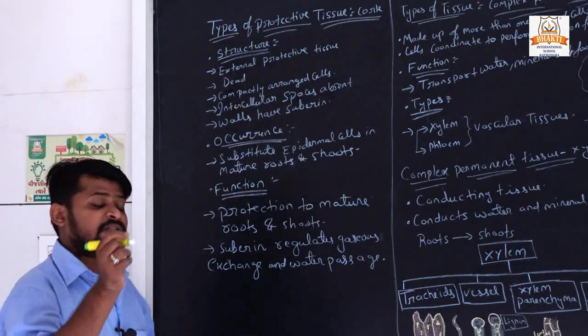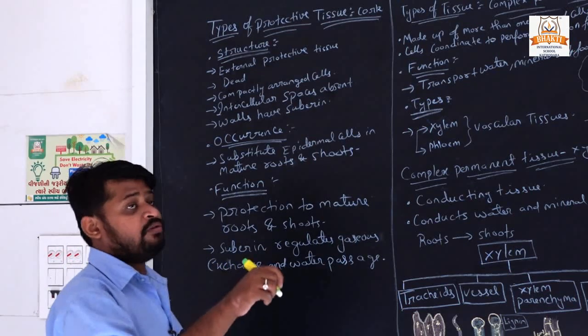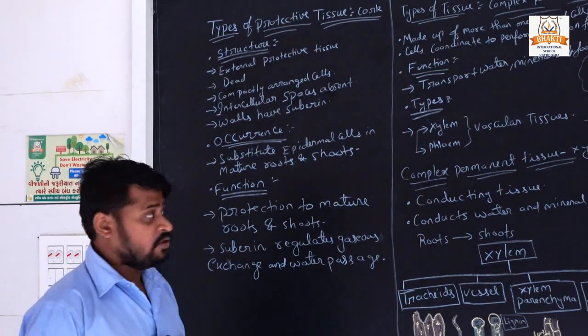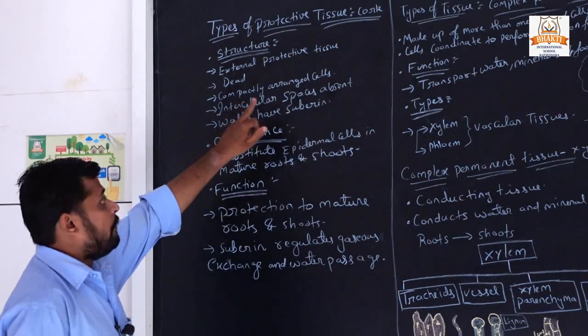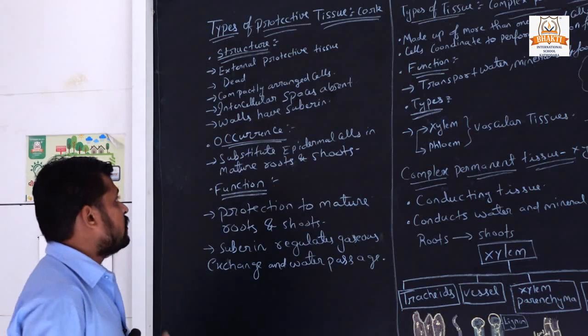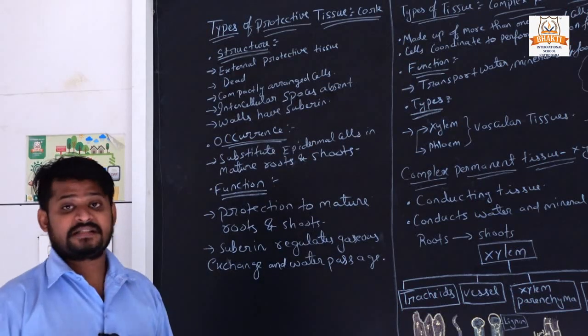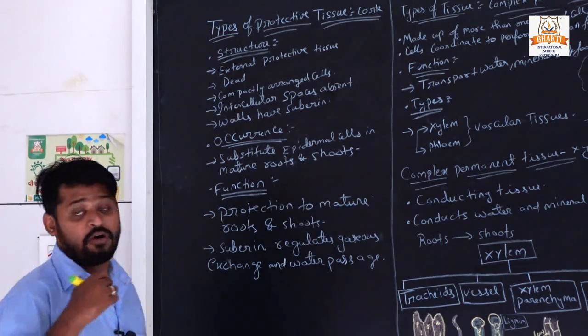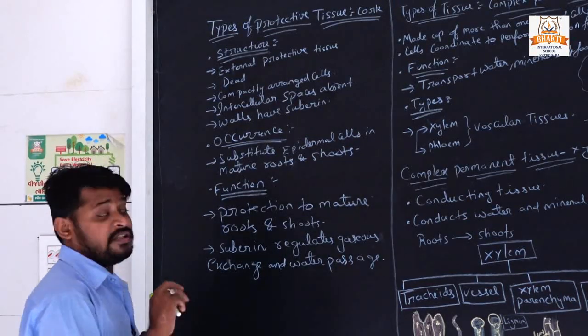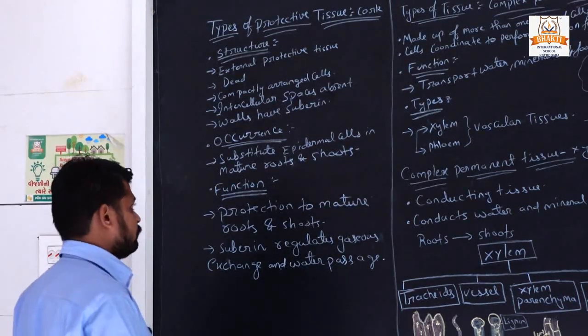If intercellular space is present, how will they protect the cell? So they are compactly arranged, there is no space between them, and their walls are made up of suberin.